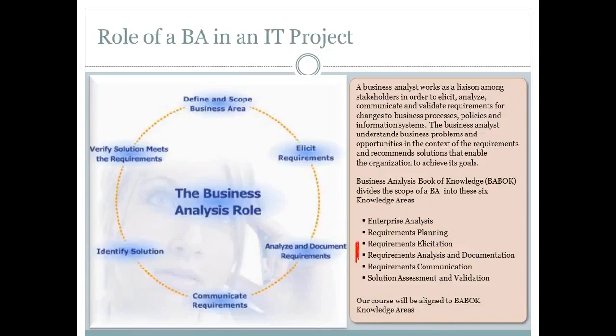So these two would be the most important tasks a business analyst does. A significant part of the work would be spent talking to the customers, engaging them in various methods to understand the requirements. So effectively understand the requirements, and then document it in such a way that the technical team can understand it.